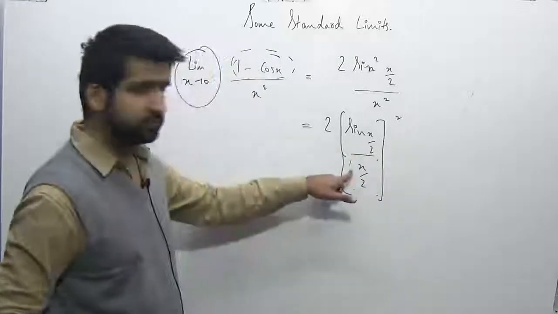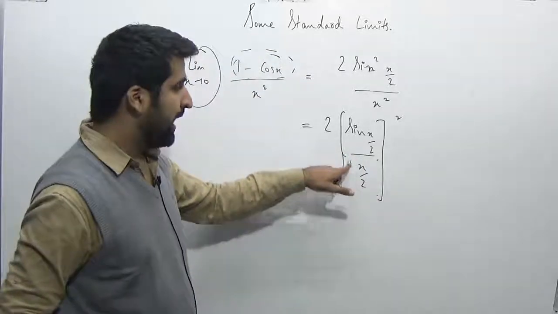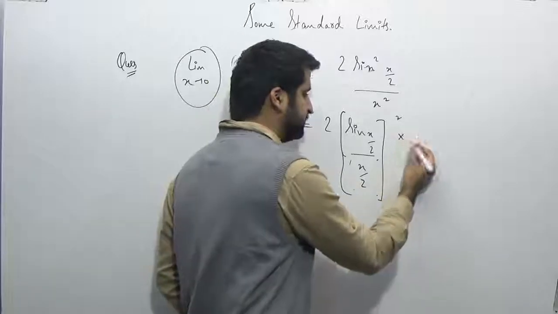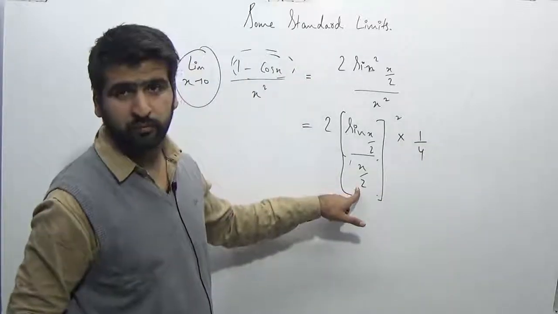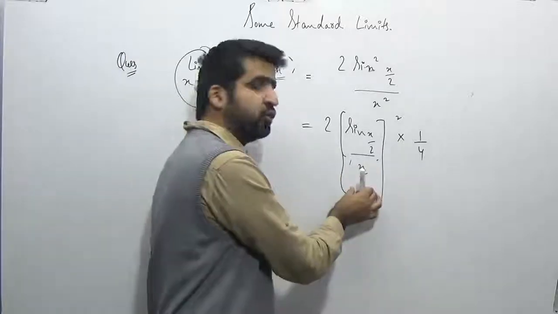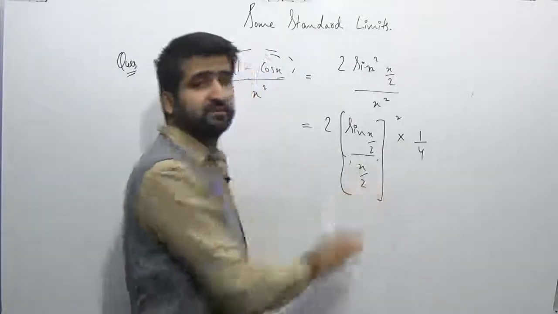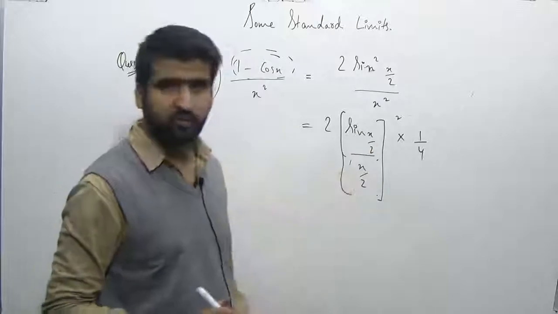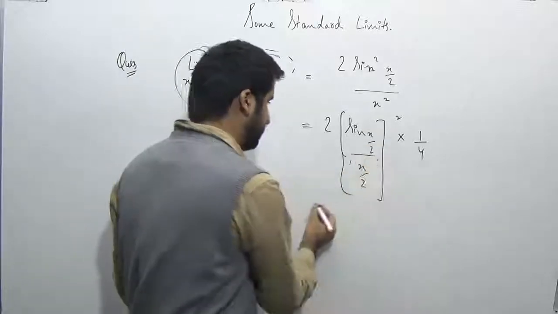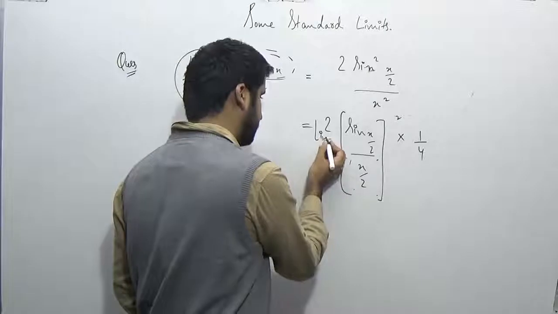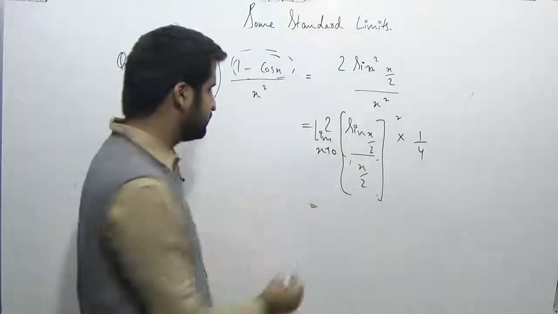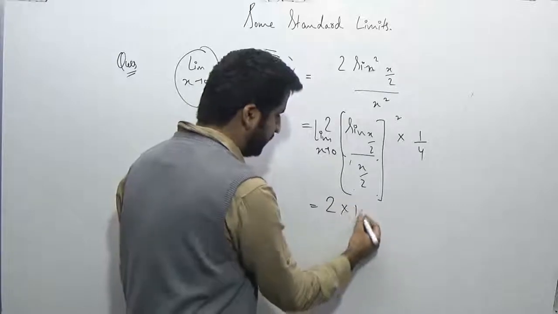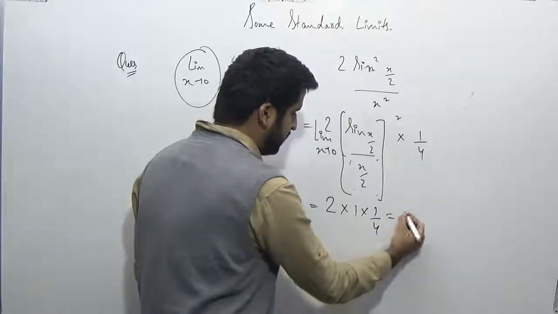If I am making it like this, I have to multiply this expression by 1 upon 4, because to introduce this x upon 2, I had to divide by 1 upon 4. So I am multiplying here by 1 by 4 and this thing will become 1. Now limit x tends to 0, sin theta upon theta is equal to 1. So this will come out to be 2 into 1 upon 4, which is nothing but half.